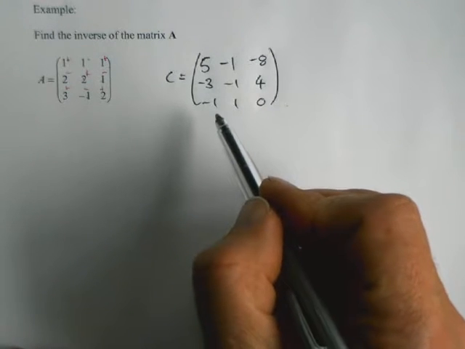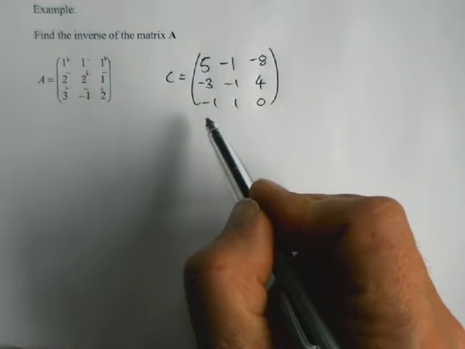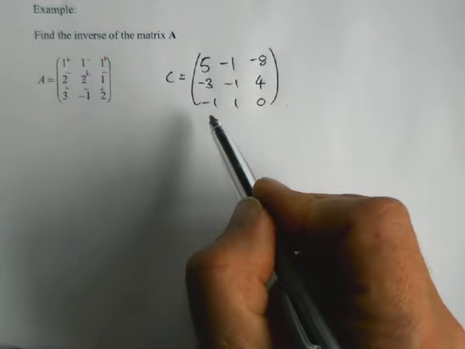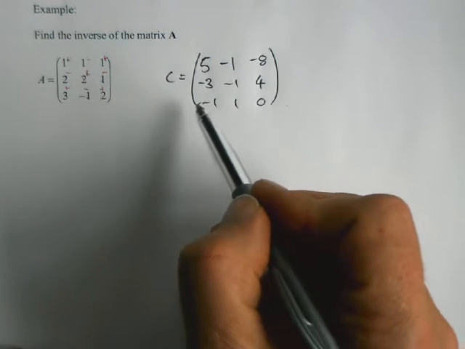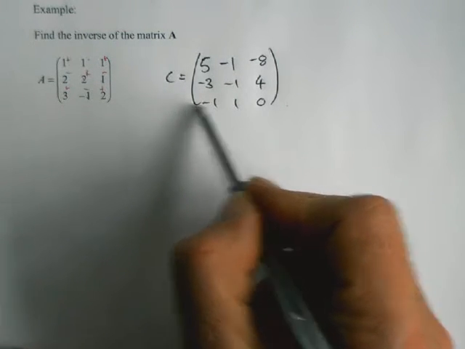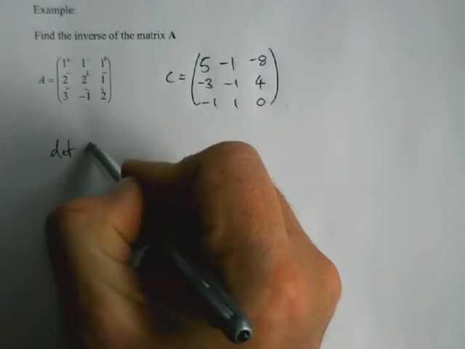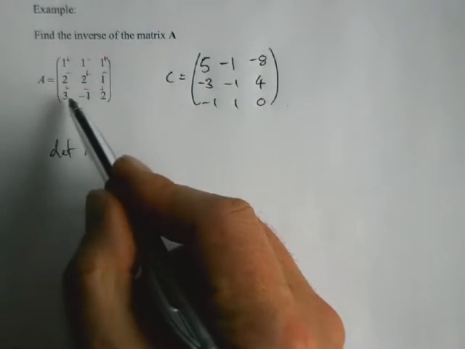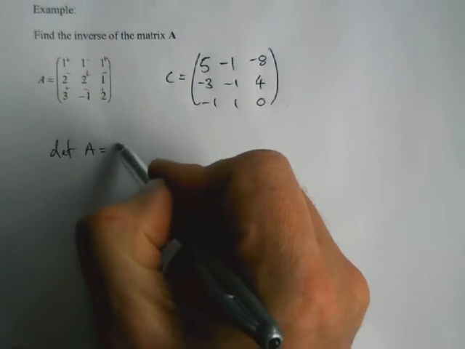And now, the smart thing to do is to pick the row with the greatest number of zeros and use that to work out the determinant. So I would say the row with the greatest number of zeros is the bottom row.